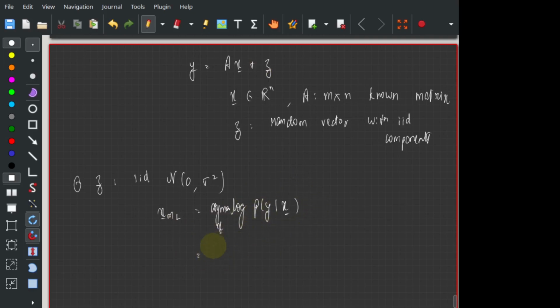So what does this reduce to? What is the PDF of Y given X? It's the n-dimensional Gaussian. What is it equal to?